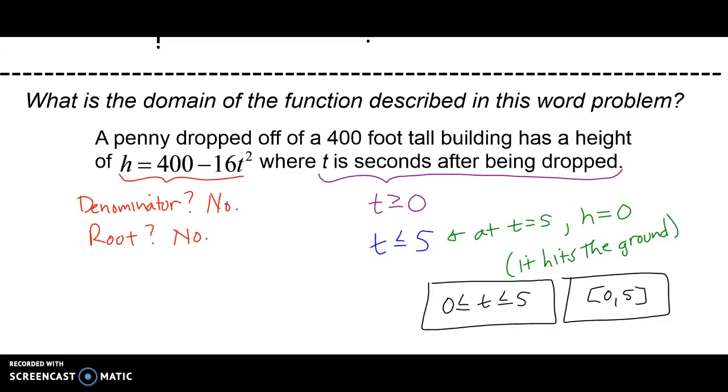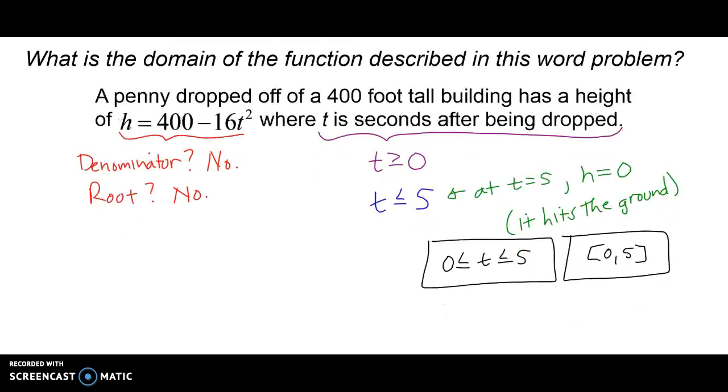So do not divide by 0, don't take square roots of negatives, and when you're looking at a word problem, make sure you read and think about the limitations based on reality, not just based on the equation. Here in section 7.2, there is one other little topic that we have to talk about that's a little bit related to domain, but it's kind of its own separate little topic.